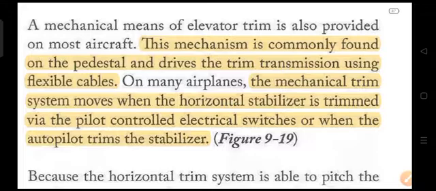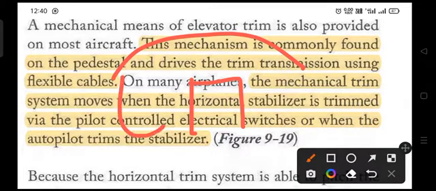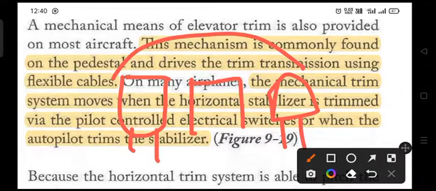The mechanism is commonly found on the pedestal. Pedestal area means the instrument section or the units in between the two pilots. You must have seen when you get inside the aircraft in the cockpit, the middle position. Let's say this is the cockpit, there are two seats over here. Then this middle portion is a common section for both of them.